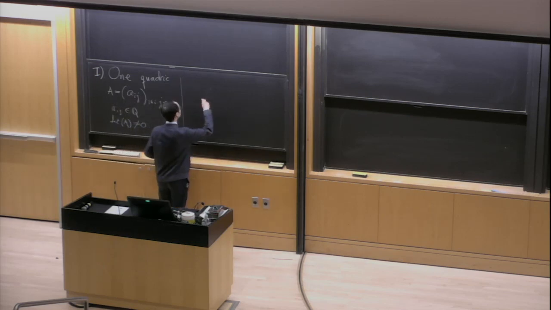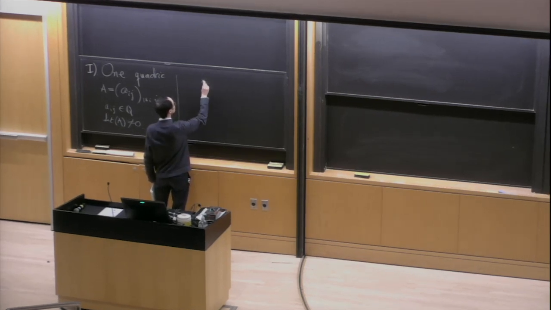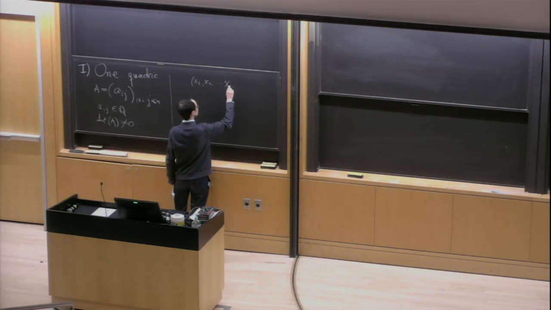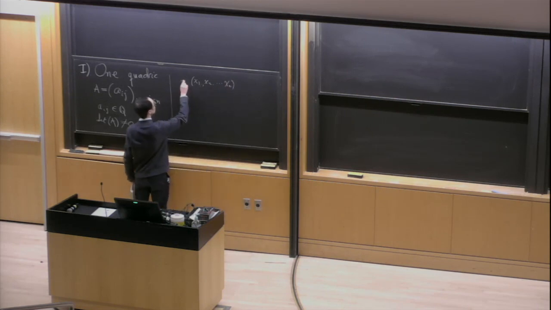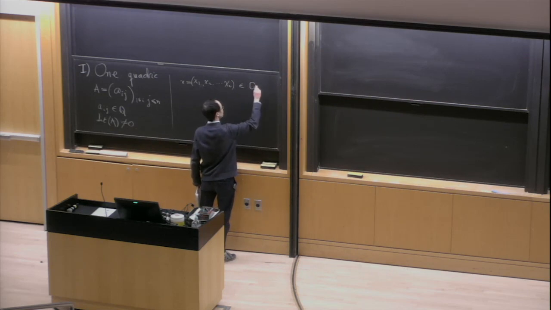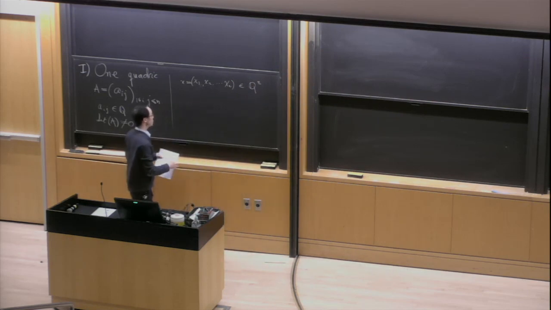right. So let's consider the following Diophantine equation. Suppose I want to solve for x being x1 through xn. So we write x for the vector with n variables.